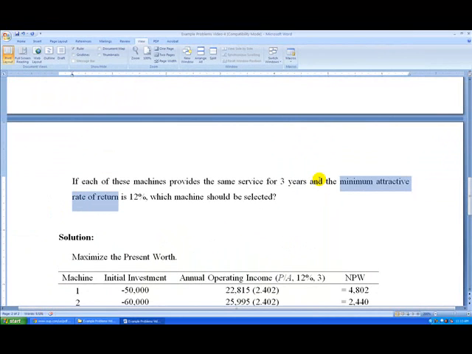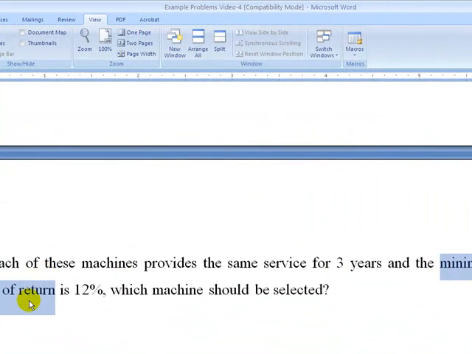The money could have been invested elsewhere, so they expect a minimum rate of return from the particular investment. They don't want to go below that, otherwise they would not invest. That is the minimum attractive rate of return, again an interest rate. For this company, that interest rate is 12%.